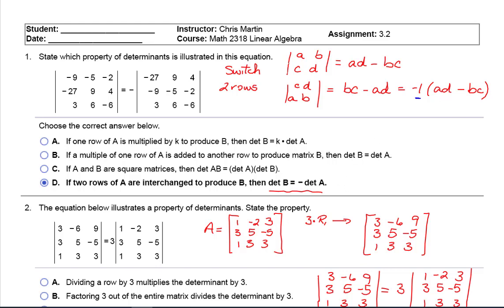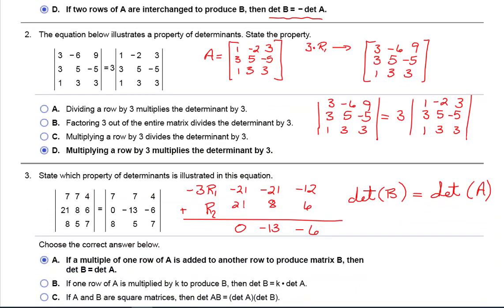Alright, so in question 2, how are these related? Well, let's see. If you look here at row 1, if I take 3 times that row, so 3 times 1 is 3, 3 times minus 2 is minus 6, and 3 times 3 is 9.